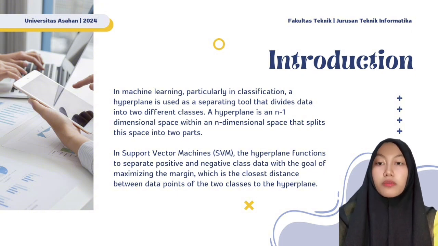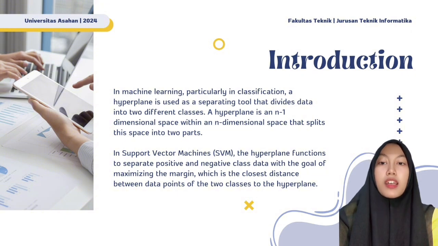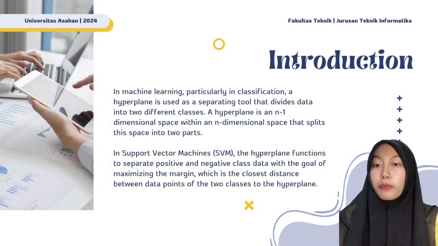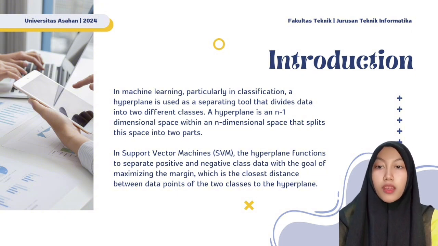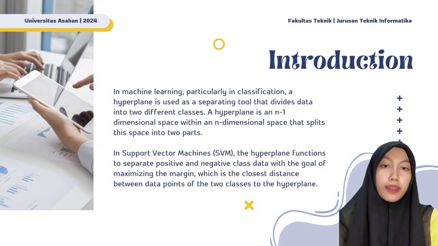In support vector machines, or SVM, the hyperplane functions to separate positive and negative class data with the goal of maximizing the margin, which is the closest distance between data points of two classes to the hyperplane.